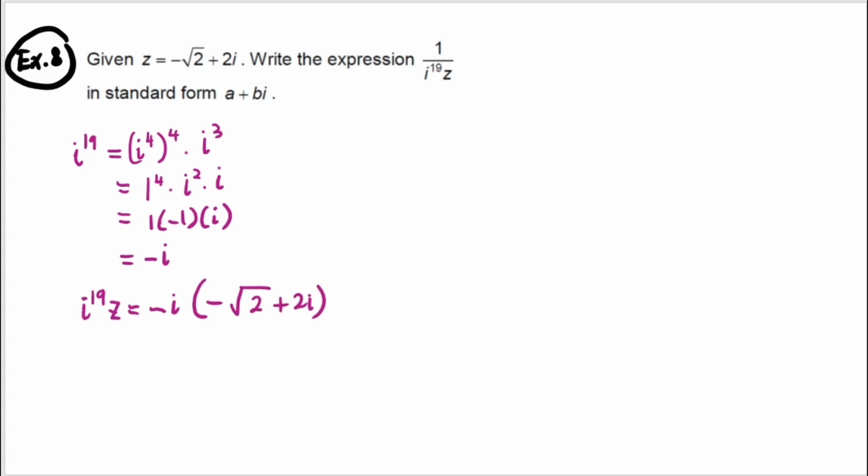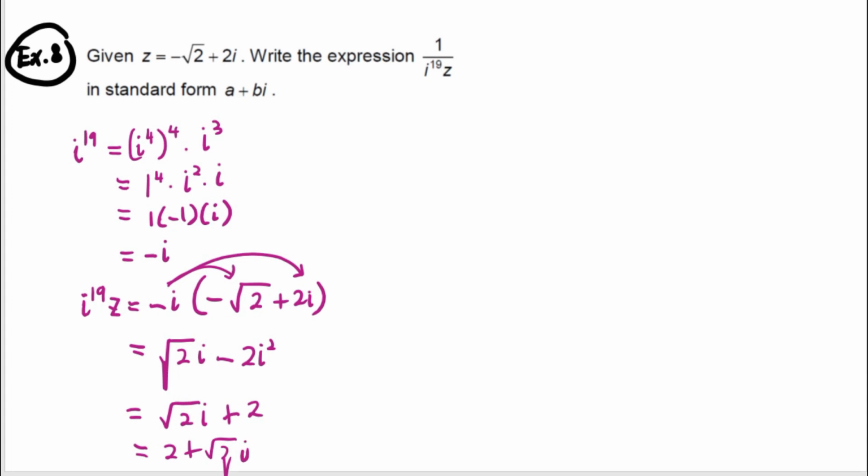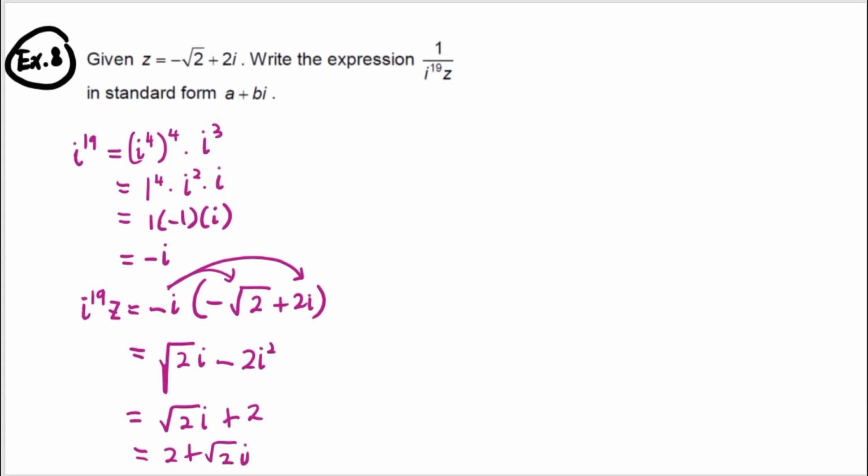You multiply this negative I inside, therefore we'll have something like square root of 2I minus 2I square. That I square will become negative 1, so the minus becomes plus. So this one will be 2 plus square root of 2I.